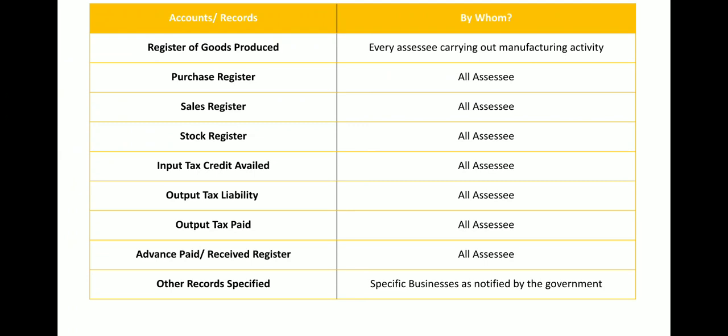They notify what sort of additional records are to be maintained, and that has to be prepared. Specific businesses are notified by the government. So these are the books of accounts or records which have to be maintained by GST registered persons. This topic is about accounts and records under GST.